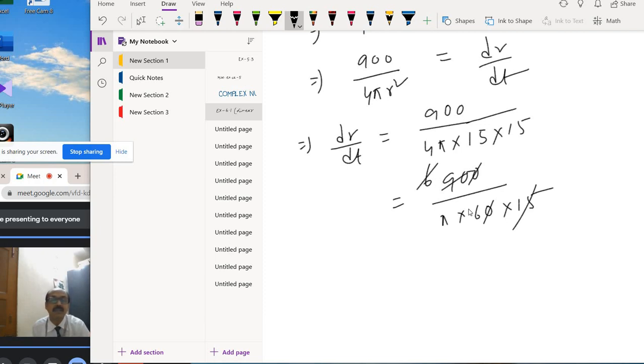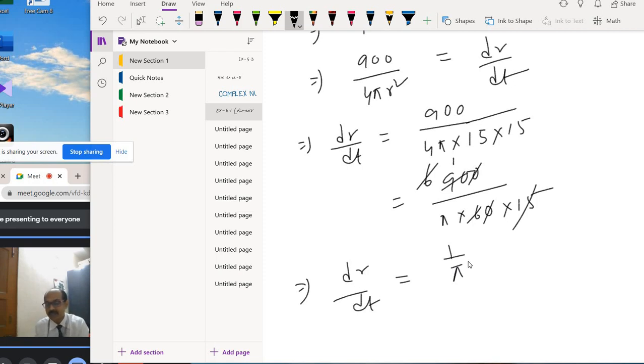So 1 by pi. Okay, so dr by dt equal to 1 by pi.